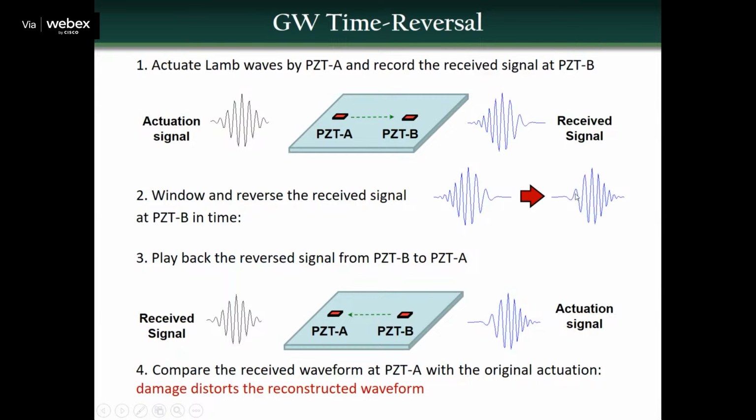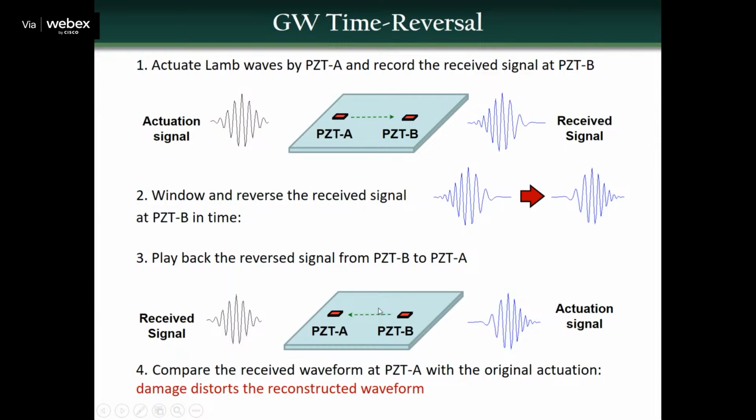You play back or back propagate the signal from B to A. Now B is like the new source of energy and becomes a new actuating location. So you can have a received signal at PZT A. You compare the received waveform at PZT A with the original actuation, then you identify the damage, where it will distort the reconstructed waveform.